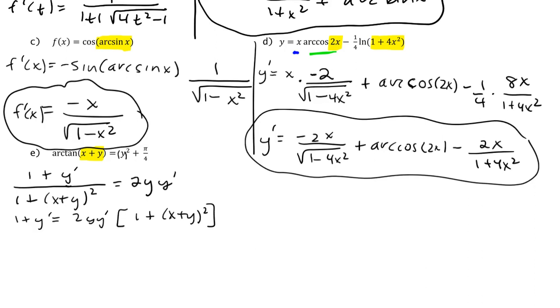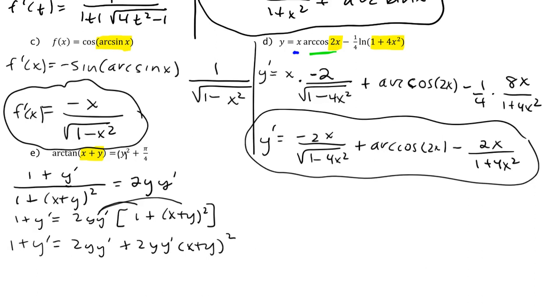Okay, now what I'm going to do is we are going to try to distribute this 2y prime to both things. The reason I'm doing that is I need to get y prime separated. So I'm going to have 1 plus y prime equals 2y prime plus 2y prime x plus y squared.